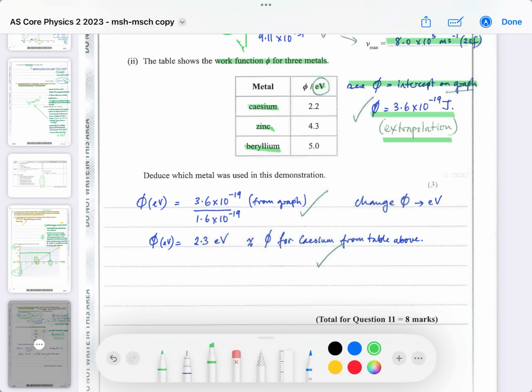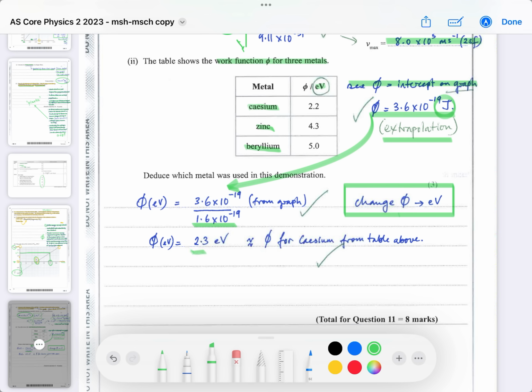So once we know that value, if you want to get it in electron volts, you divide the energy in joules by the charge of an electron, which is 1.6 times 10 to the minus 19, also from your data sheet. So you get 1 bit from the graph, 1 from your data sheet, and that changes the value from joules to electron volts for the work function.